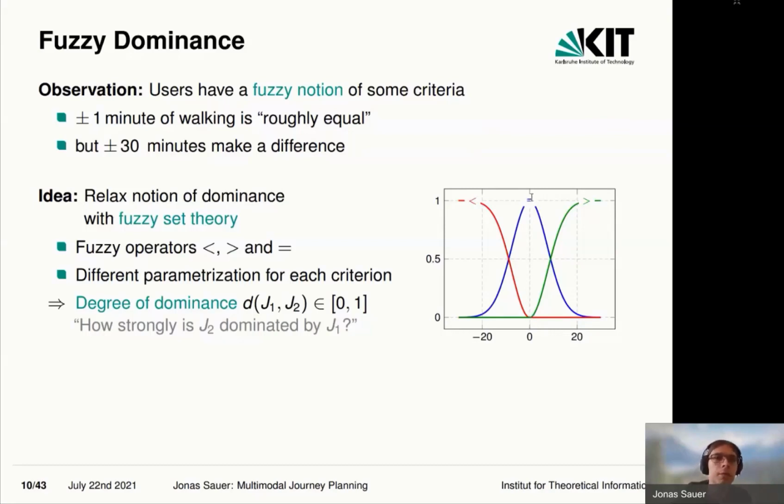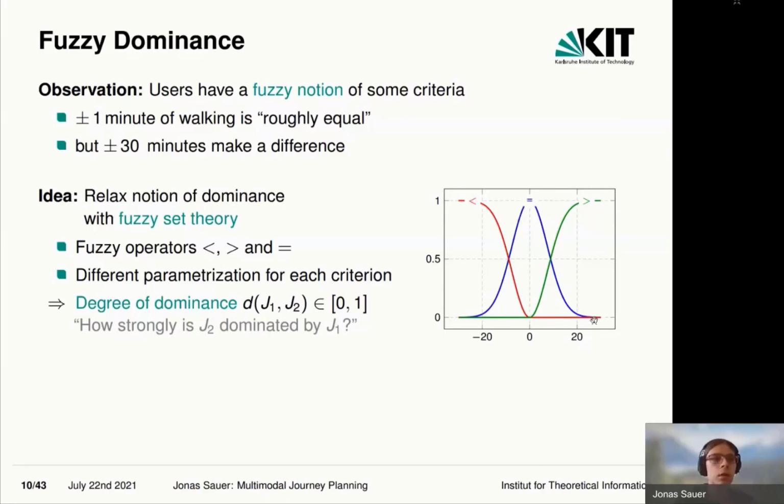But as we make the difference between them larger, let's say the difference is 1, then we would say, okay, it's not exactly equal, but it's about 90% equal. It's still very close to being equal, and it's greater than the other solution by a very small degree, let's say 10%. And the bigger the difference becomes, the more we shift from equal to greater than, and if we look in the other direction, from equal to smaller than.